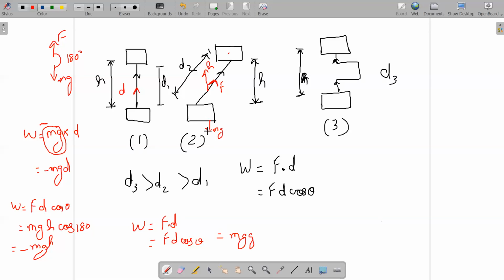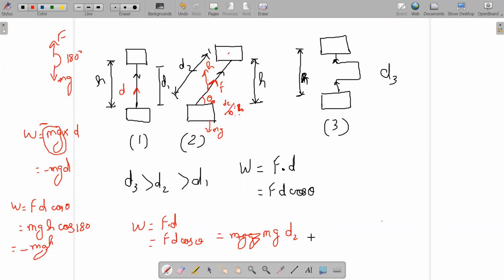Sin theta. If this is, let us say, some angle theta, then the displacement that takes place is mg and then d2, right? This is d2 and let us say this angle is theta as we mentioned here, then we need this displacement, right?